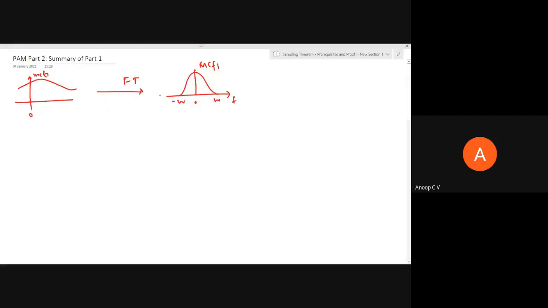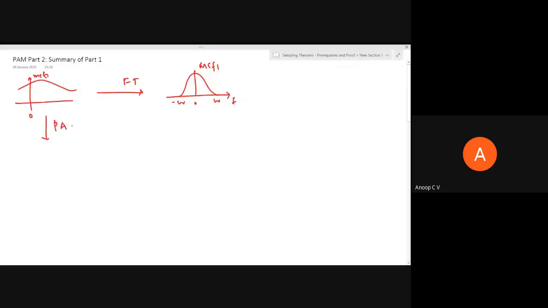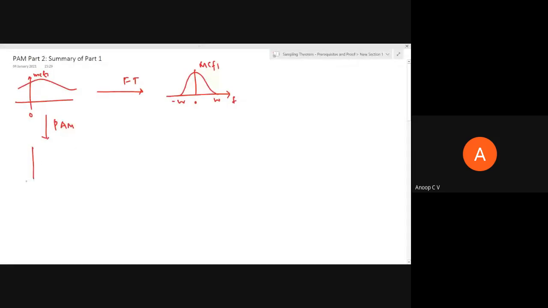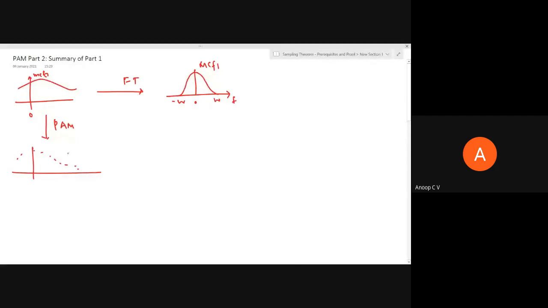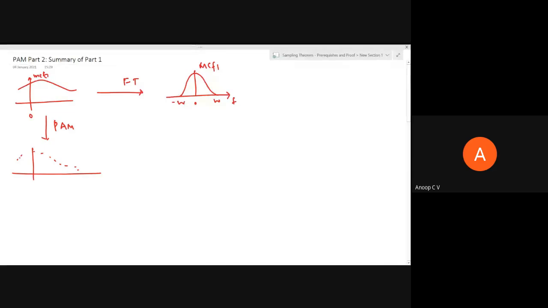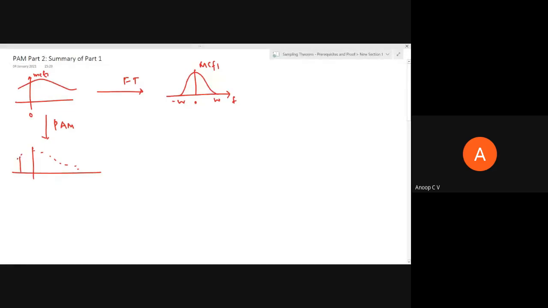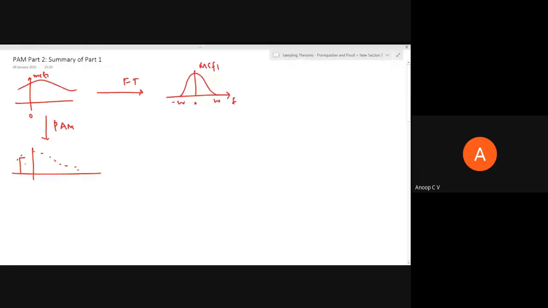Now, if you want to pulse amplitude modulate it, basically how this works is, I'll try to mark the envelope of this signal here. Initially we'll sample it, take an instantaneous sample and lengthen it for T seconds.